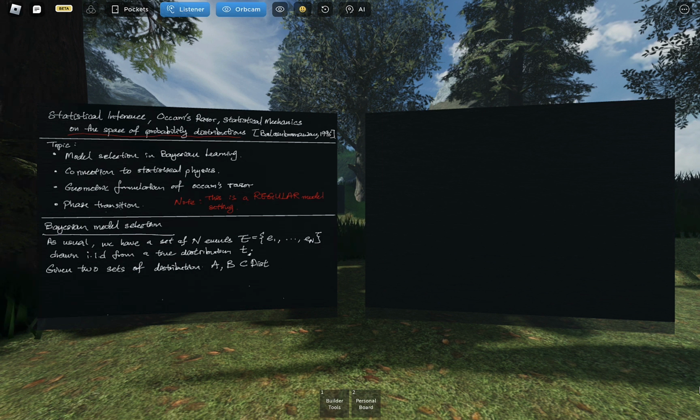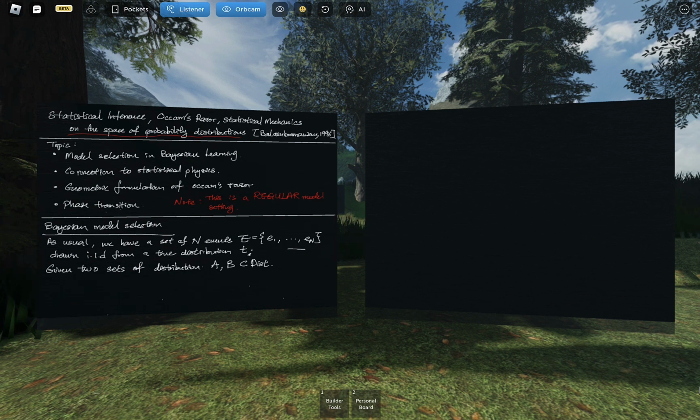So I can call that just this. The problem of model selection is that we wish to ask which one is better for learning t if we are given this set of events. And by learning, we mean we are using Bayesian learning.